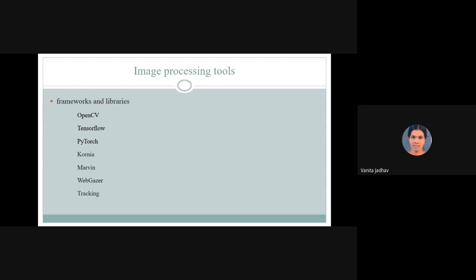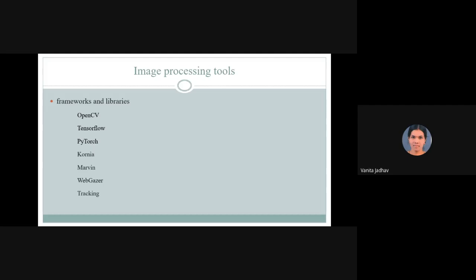Next one is TensorFlow. TensorFlow is one of the open source software libraries for machine learning. It was created to solve the problems of constructing and training neural networks, with the aim of automatically finding and classifying images. There are some functionalities of TensorFlow. TensorFlow works on multiple parallel processes.